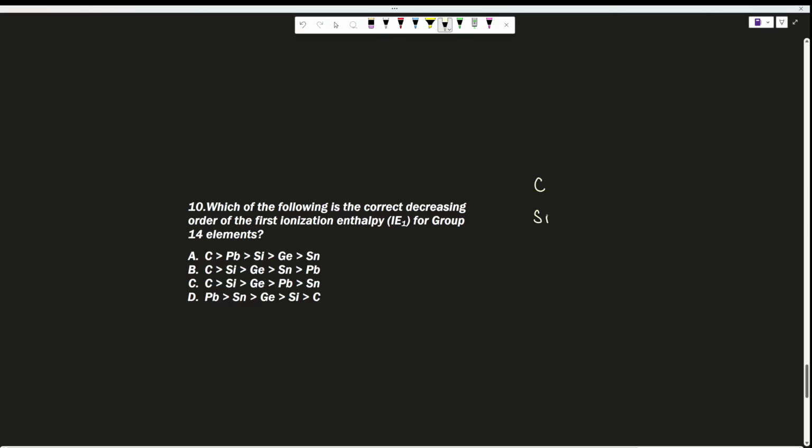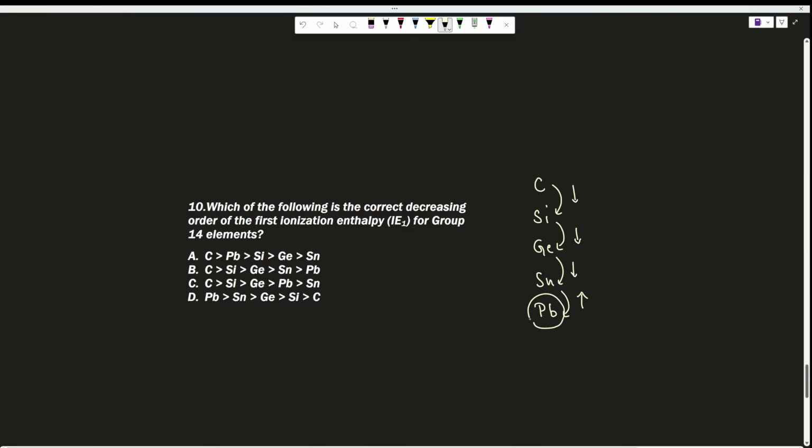So if you consider carbon, silicon, germanium, tin and lead, here ionization energy decreases from carbon to silicon. Then silicon to germanium also it will decrease, but the decrease is less. Then from tin to lead it will increase.